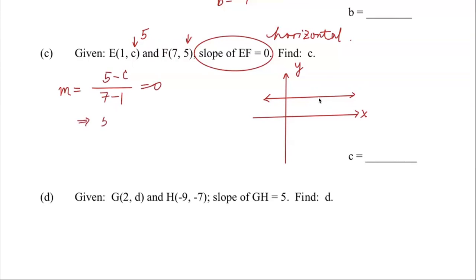Then 5 minus c is equal to 6 times 0, which is 0. So c is equal to 5. This verified my solution over here. Okay, so c is equal to 5.